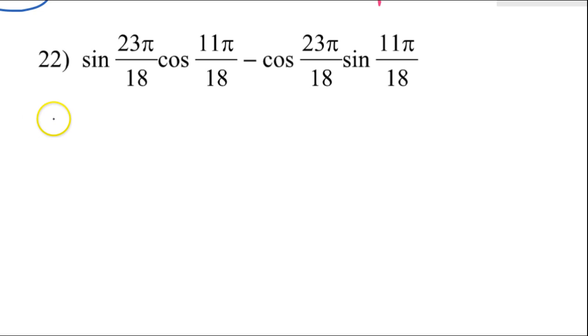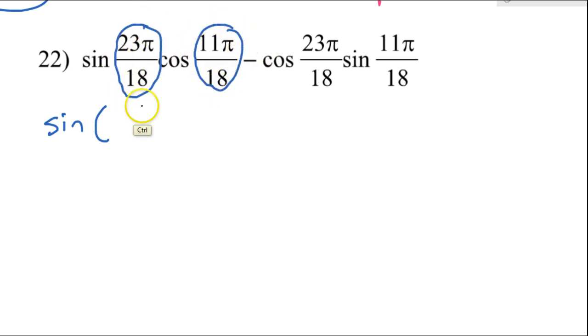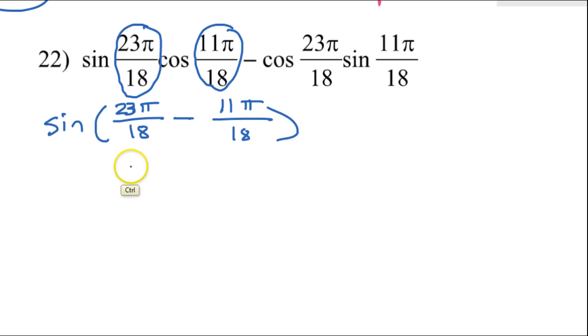So this is going to be the sine of something minus something. The two angles are right here: this is one of the angles, and this is the other angle. So I will have the sine of 23 pi over 18 minus 11 pi over 18.